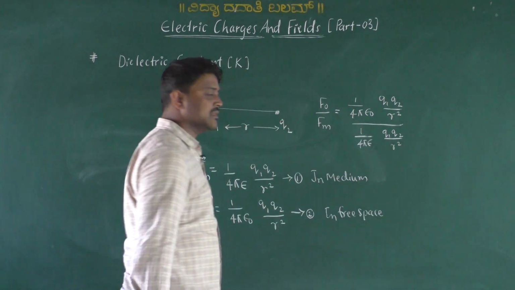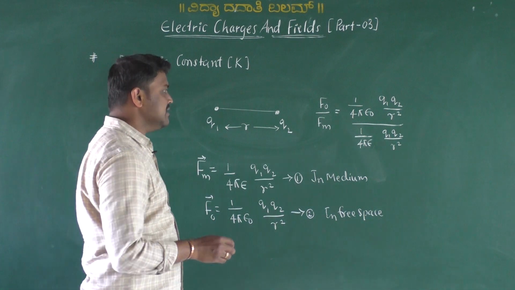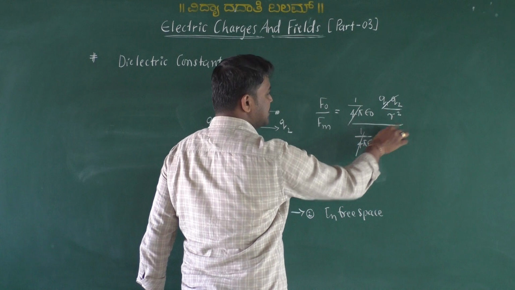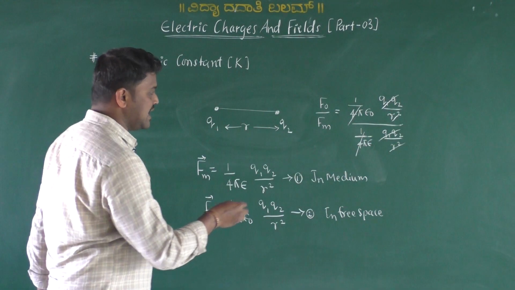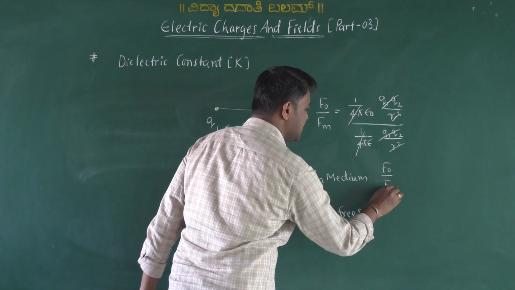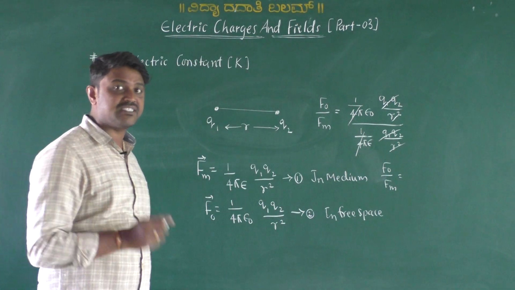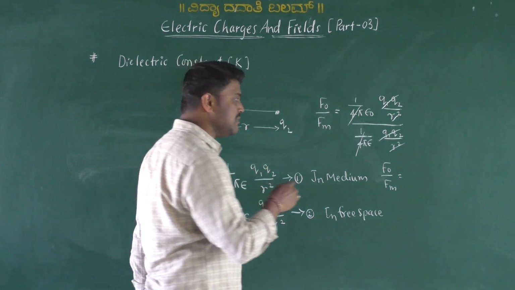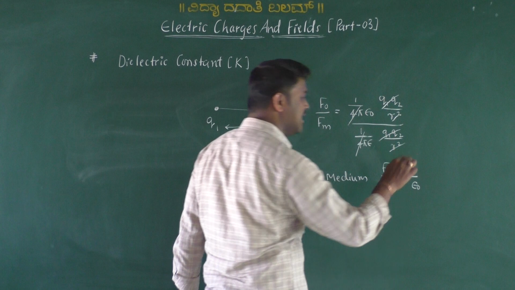The equation is very simple. The 4 pi cancels, the Q's cancel, and R square cancels. Then the equation becomes F naught upon Fm, in the sense the force of two charges in free space with respect to the force of two charges present in the medium, which becomes epsilon upon epsilon naught.